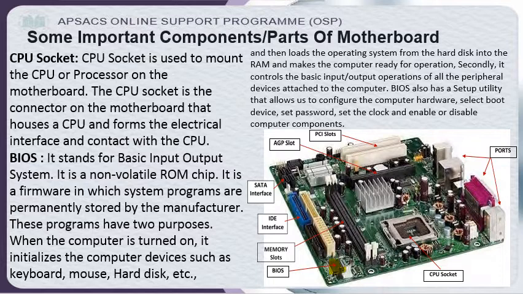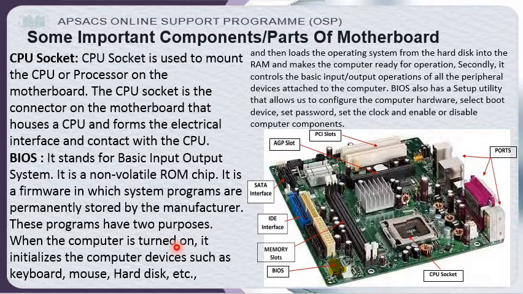Remember that. So there are two purposes of this BIOS memory or BIOS chip. The first one is, whenever you turn on your computer, it initializes the computer devices such as keyboard, mouse, hard disk, CD-ROM.